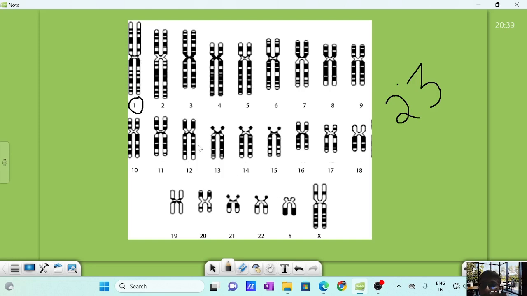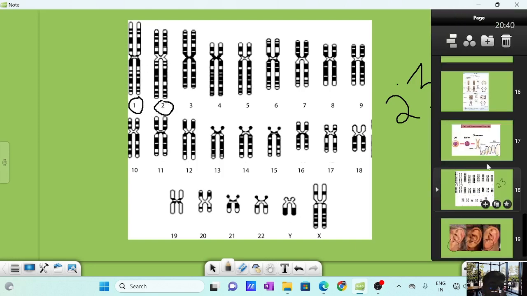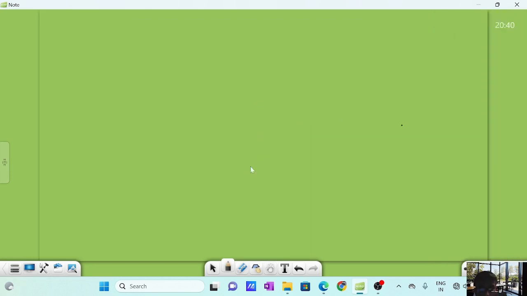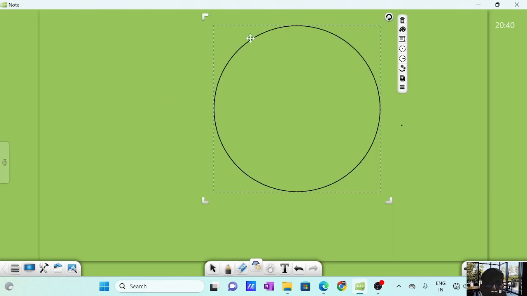So if I take chromosome 1 and chromosome 2 in a normal cell, I will draw a cell here. Consider this as a normal cell. In this cell I will take two chromosomes.